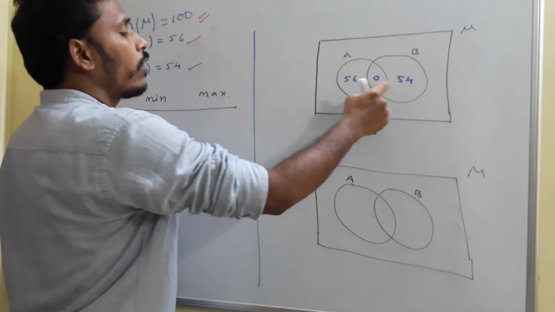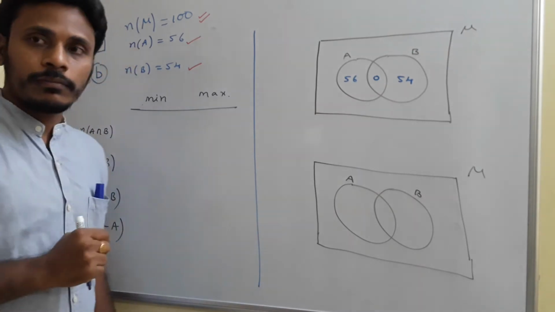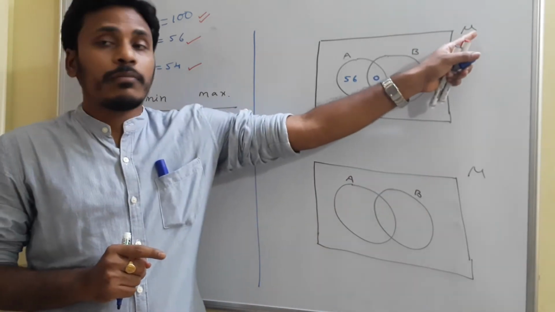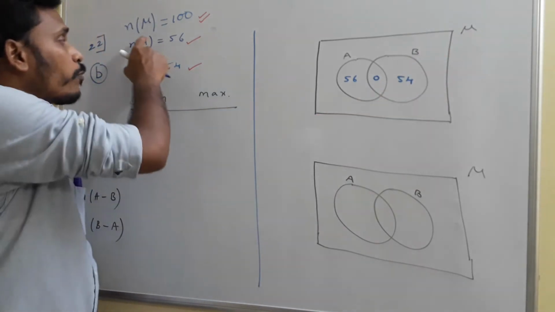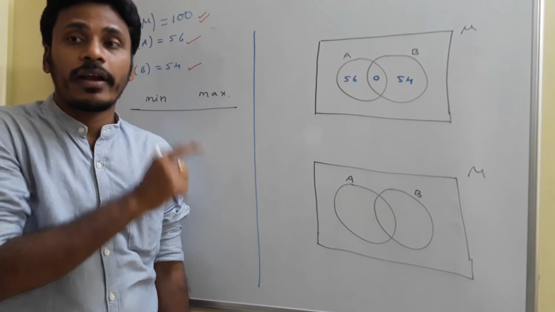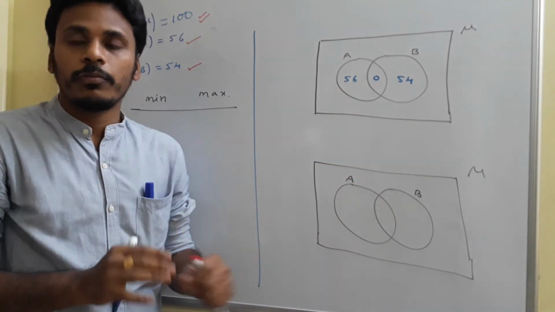Now if you count all the numbers, that is 110. It is not possible, because n of mu is given as 100, and the total value in that universal set should be 100. So 0 is not possible.